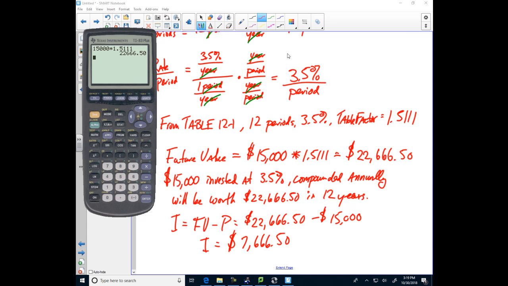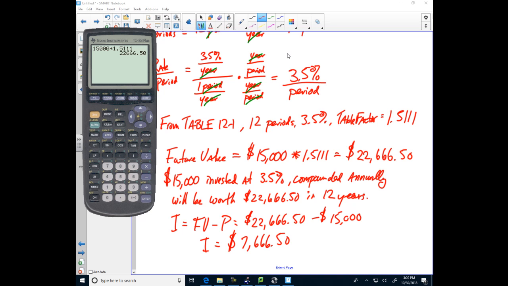So the 12 is about half that. And look, $7,600 is about half the original 15. So I like my answer. It makes sense to me. I just looked at the rule of thumb and did a little calculating in my head, because we're about halfway through what I would consider the doubling period. Do you see what I did there in my head?